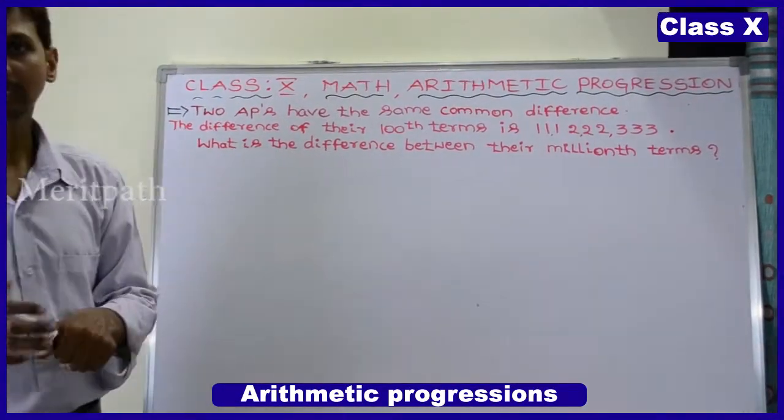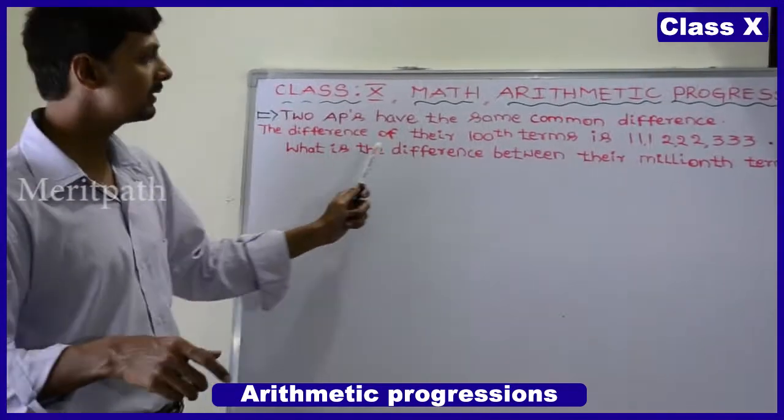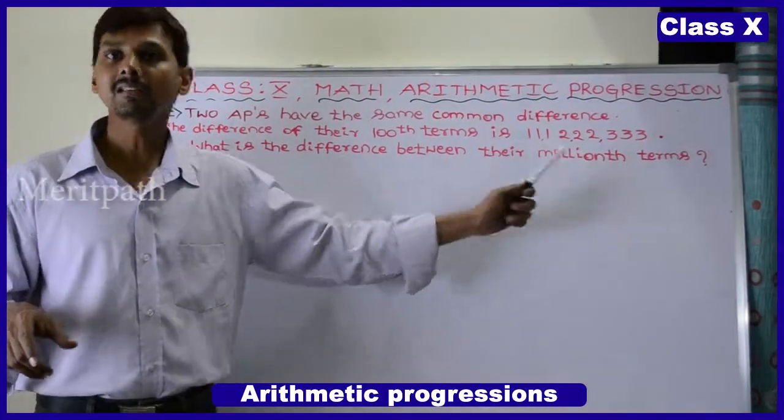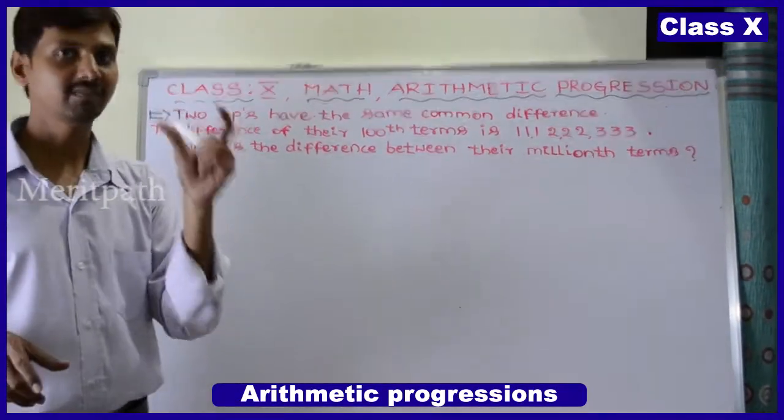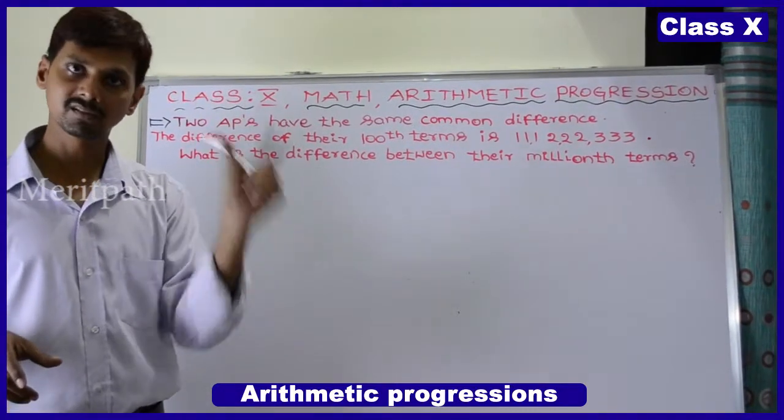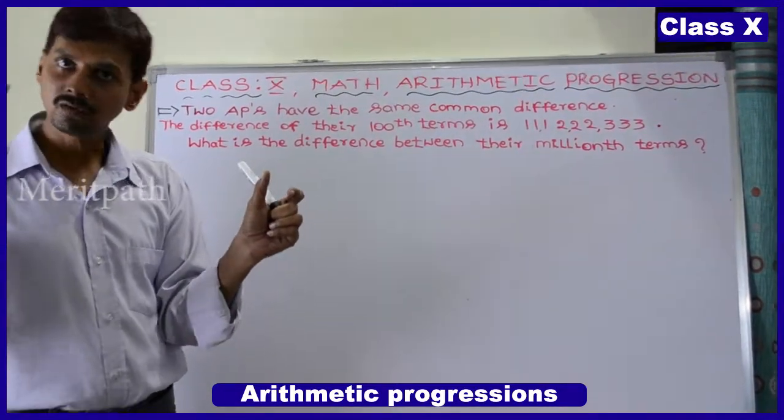If it is like that, we need to find out the difference between their millionth terms. That means the difference between the millionth term of the first AP and the millionth term of the second AP.